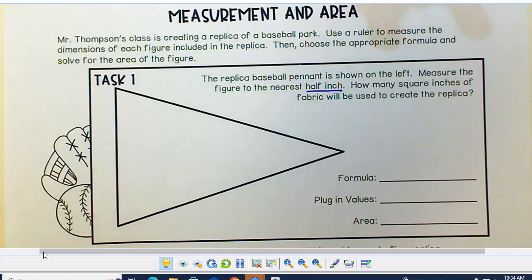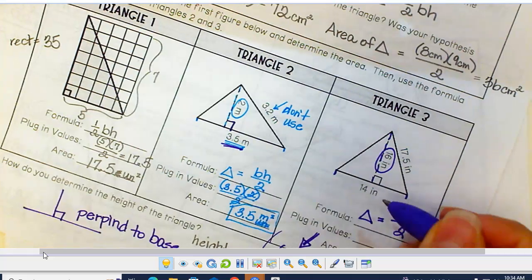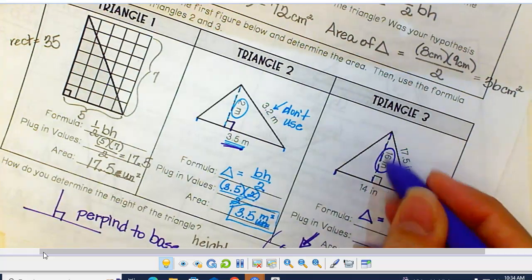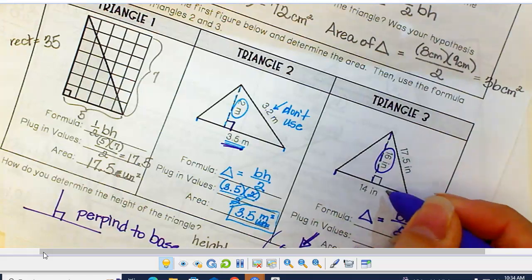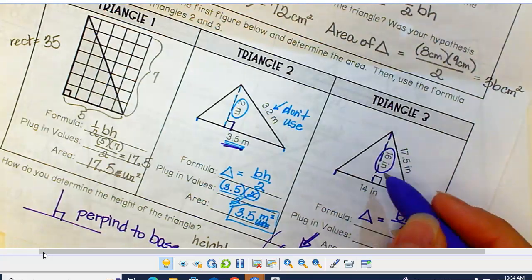Okay, I would like you to remember from the other day when we were doing triangles, it's really important to remember that you have a base and you have a height, and the height is perpendicular to the base. So they may label a side, but if it's not the height, if it's not perpendicular to the base, you don't use it.